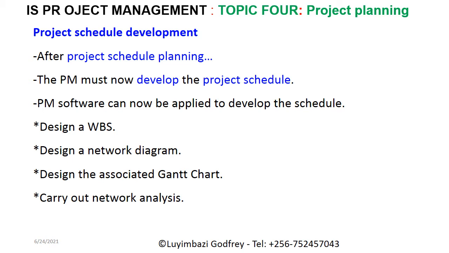Now, another terminology, EET, standing for earliest event time. Earliest event time is the time by which an activity leading into an event can be started. That's what we mean by EET, earliest event time.